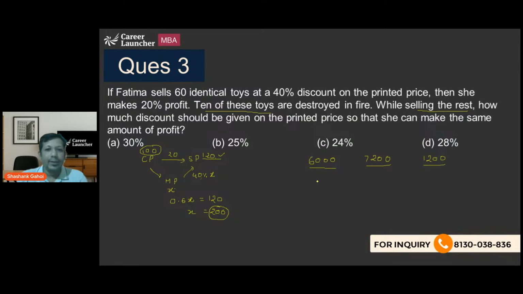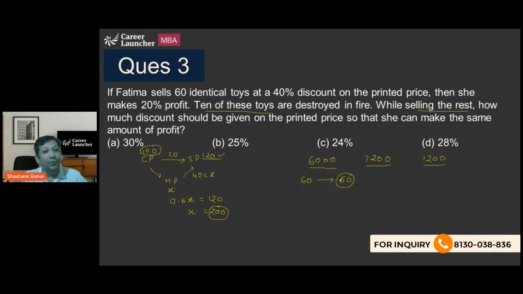Now she had 60 toys and 10 are burnt, destroyed in fire. So now how many is she selling? She is selling 50 toys only.